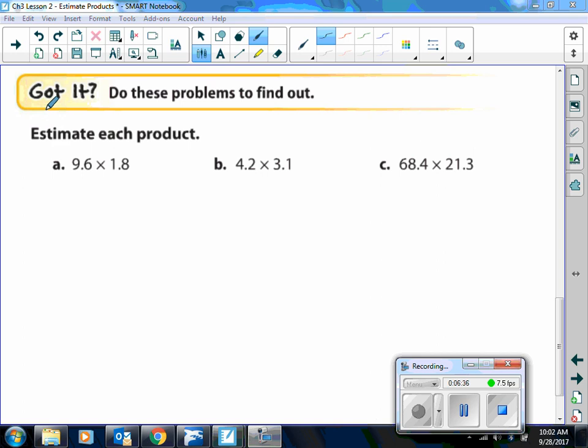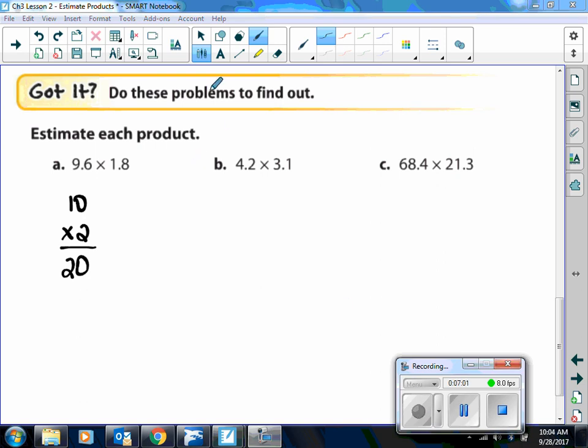All right, so here on these guided problems, problem A, we have 9.6 times 1.8. So when we are rounding, we have 9.6 rounds to about 10, and 1.8 rounds to about 2. So this estimates to be 20.